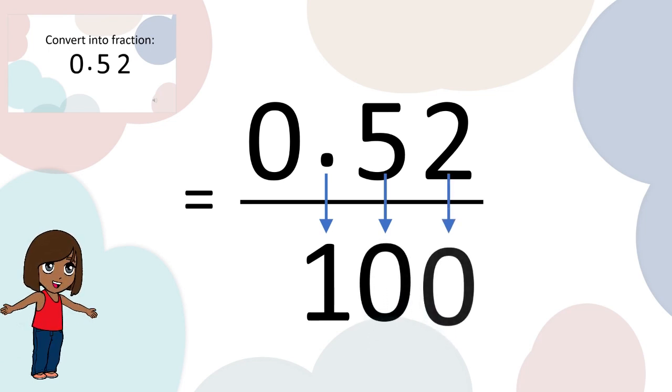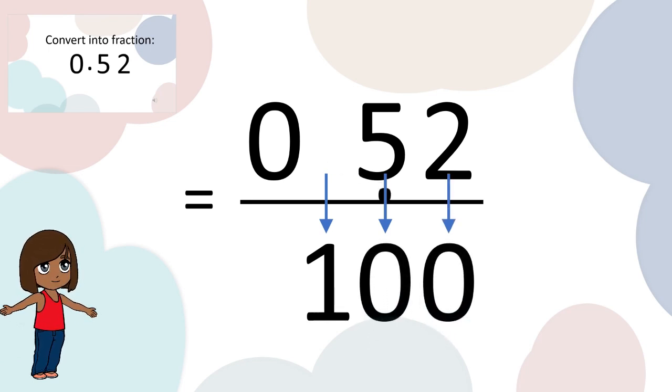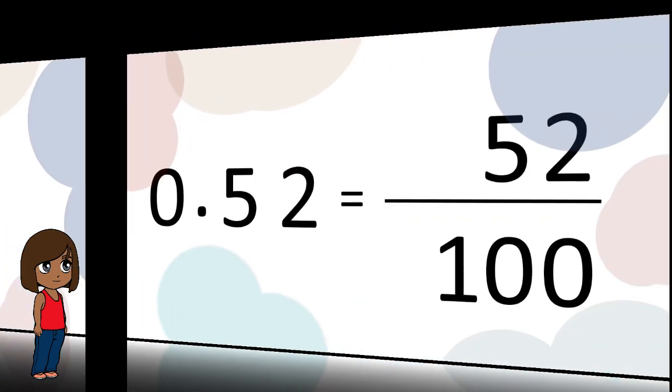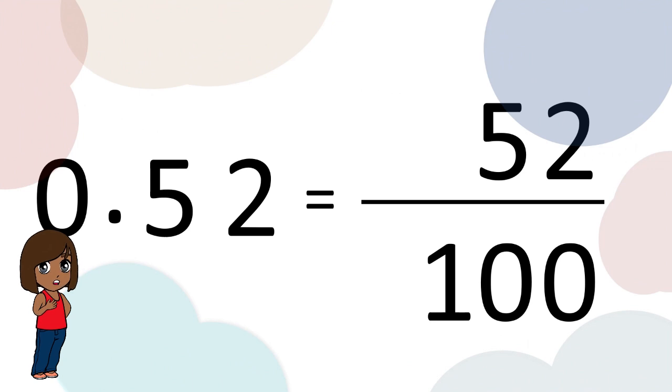You have the denominator as 100. Drop the decimal, and you get the numerator 0.52 or 52. So we have 0.52 equals 52 by 100. Easy peasy?